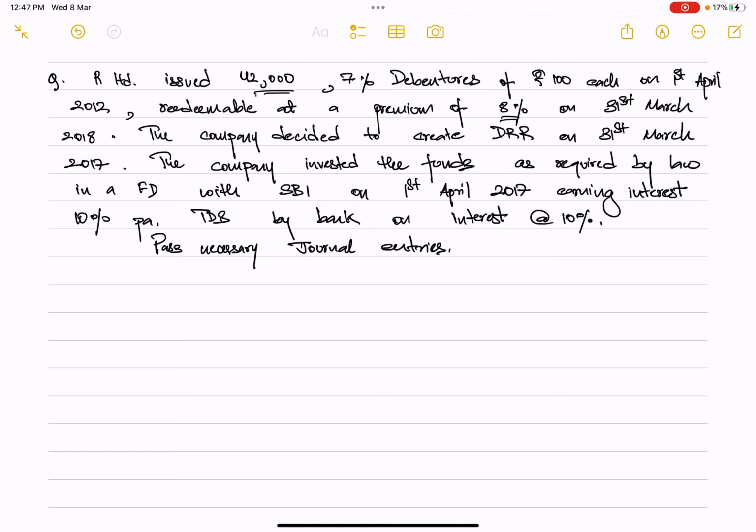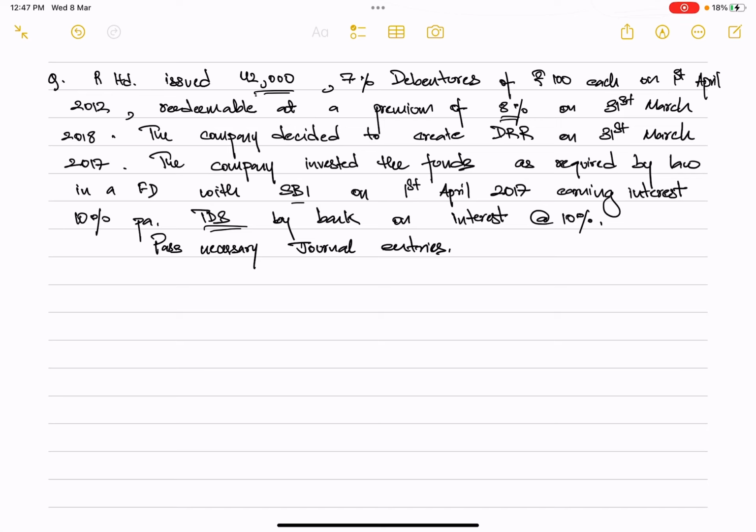The company has decided to create a DRR on 31st March 2017. The company invested the funds as required by the law in an FD with SBI on 1st April 2017, earning interest at 10% per annum, and TDS, tax deducted at source by the bank on interest, is at 10%.